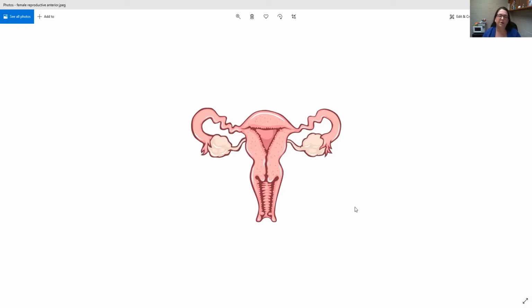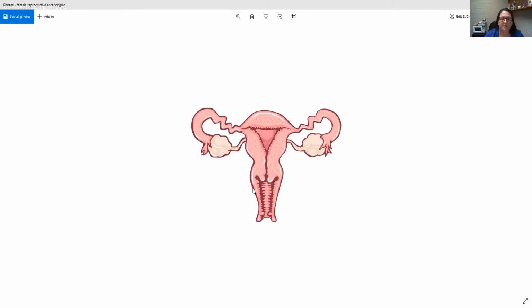This is an anterior view of female reproductive anatomy. So we're going to go through the parts. And I want to make sure that you have a good understanding of where these pieces are in relation to each other and what their various functions are, because when we get into OB, it's going to be really important that you understand that. Okay, so this would be the introitus.